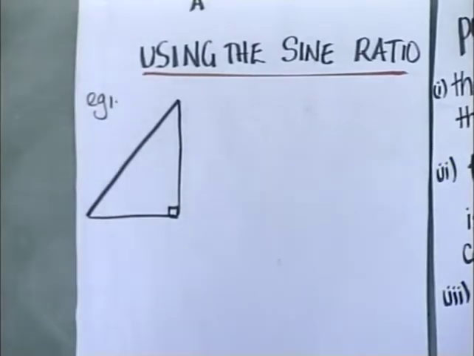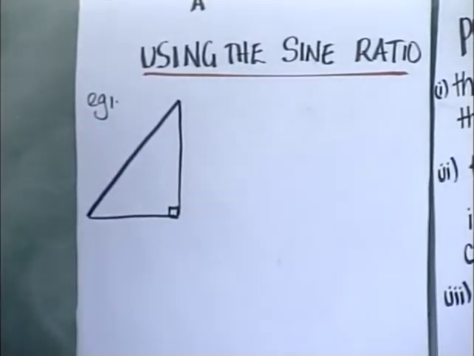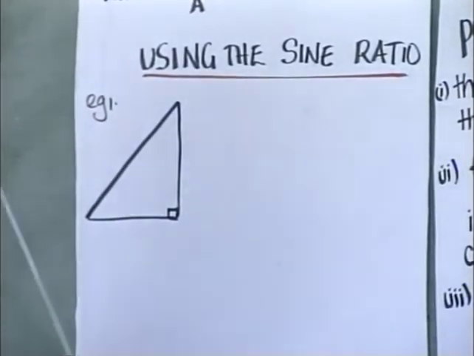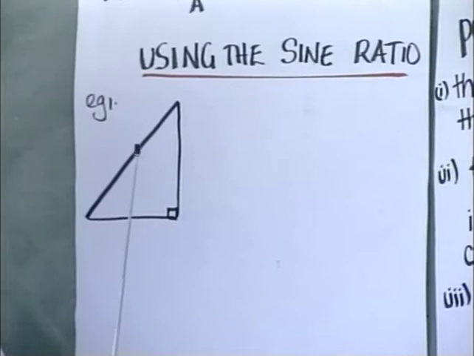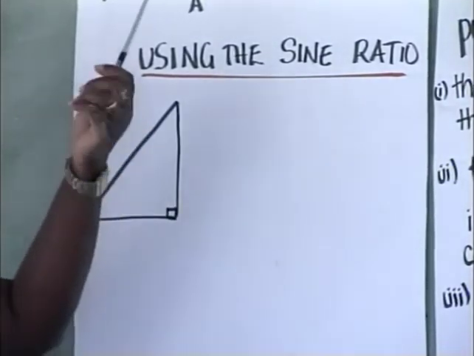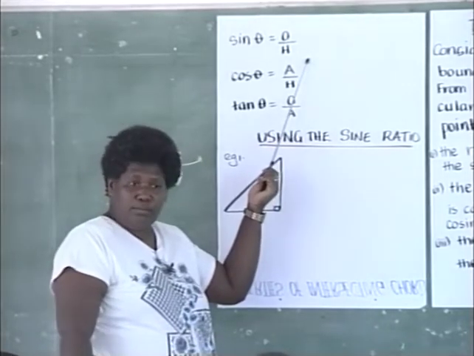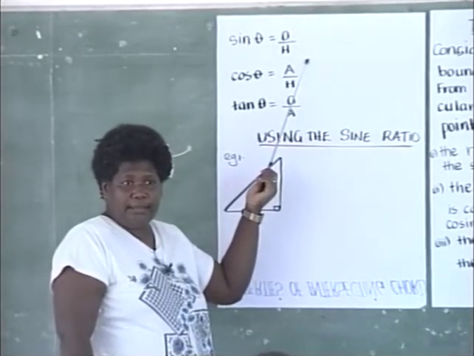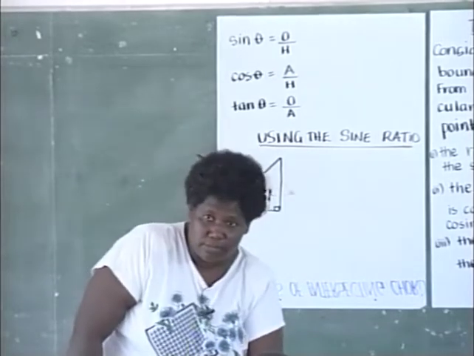To use the sine ratio, take note that sine involves the opposite side to the angle and the hypotenuse. Anytime you are given the opposite side and the hypotenuse, then you have to use sine. That's how you work out which ratio to use.